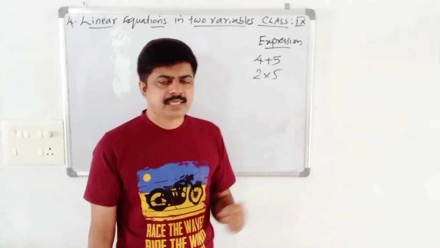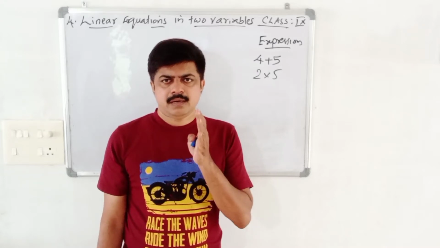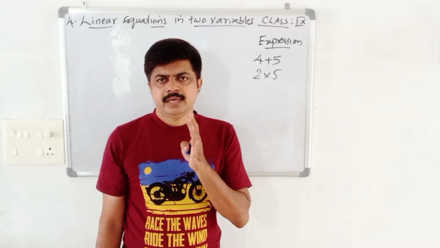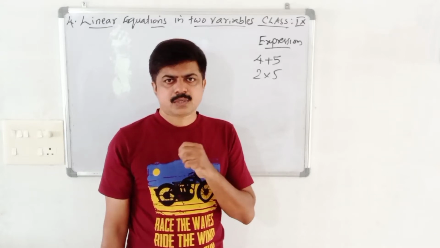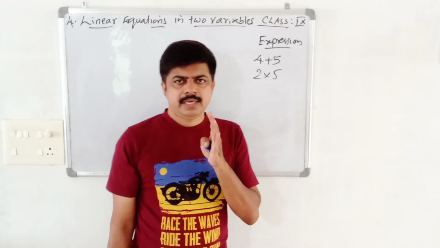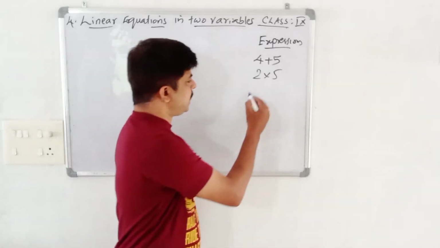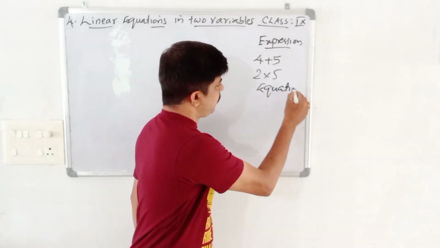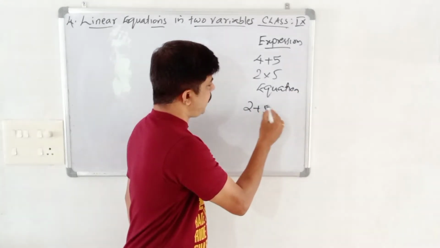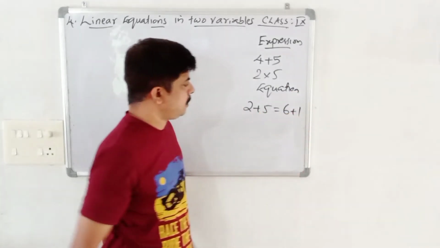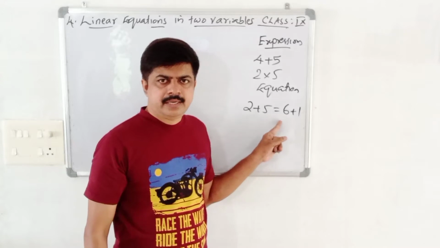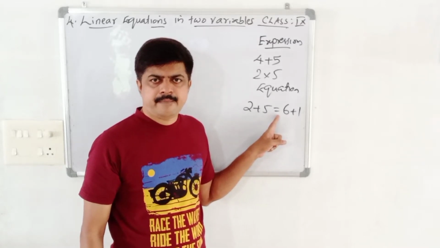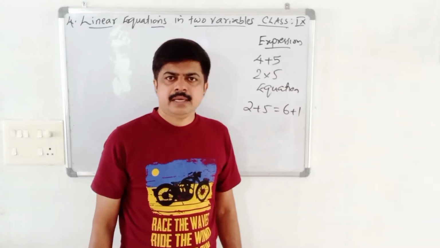Otherwise, we can simply say it is an expression. Just an example, here we have the equation 2 plus 5 is equal to 6 plus 1. This is an equation. In an equation, we must use the equality sign. Otherwise, it is simply an expression.